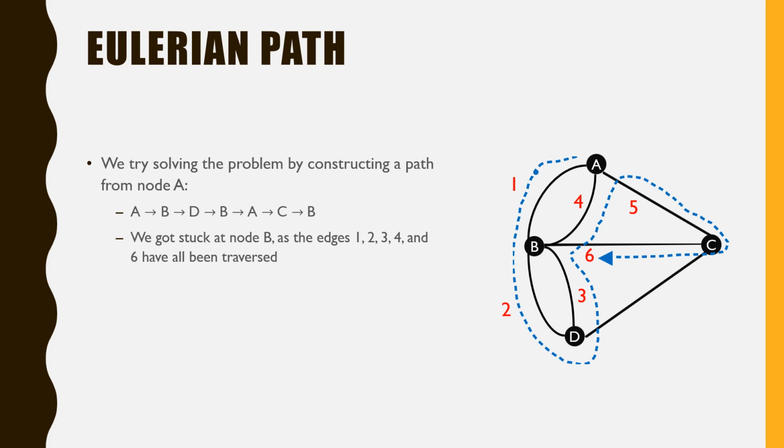Using this naive traversal approach, we might construct the following path: A to B to D to B to A to C to B. Eventually, we find ourselves stuck at node B, with no unvisited edges remaining.